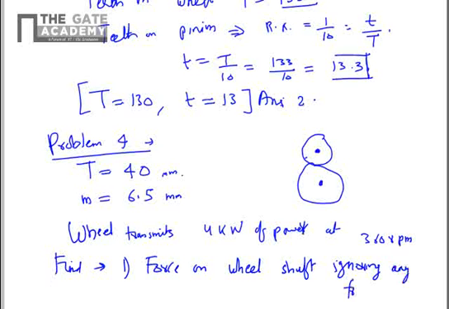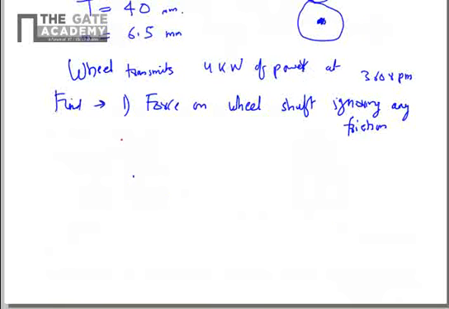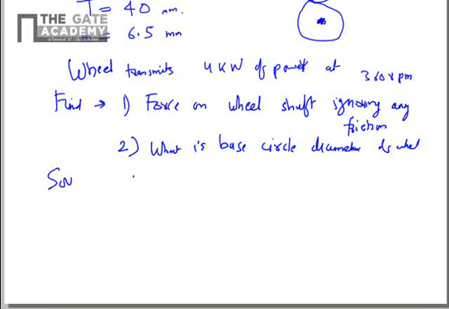So ignoring any friction or other forces, what is the load on the bearings of the shaft. This is a step in the calculation of gear design. And the second question asked is, what is the base circle diameter of the wheel? So we'll take up one by one.